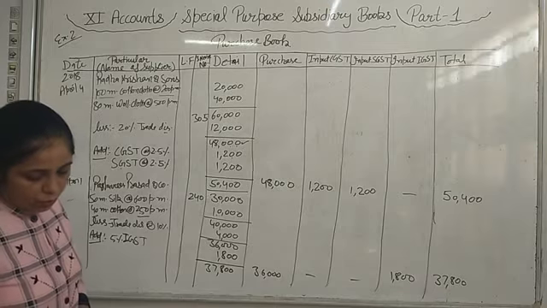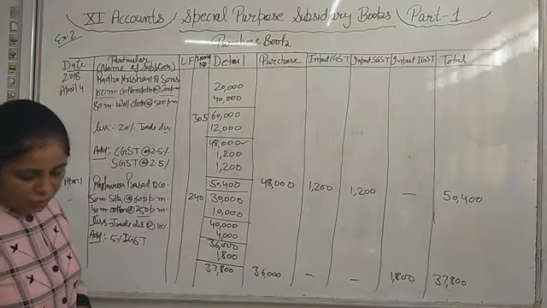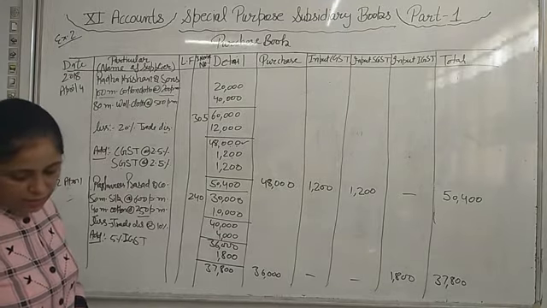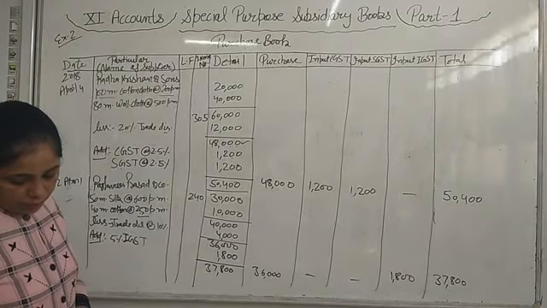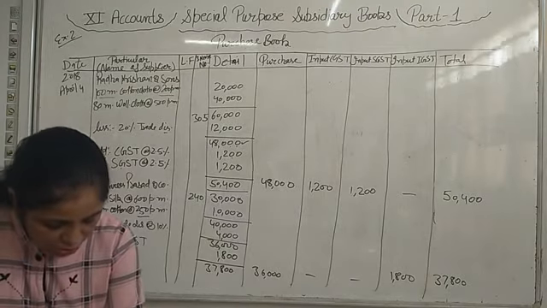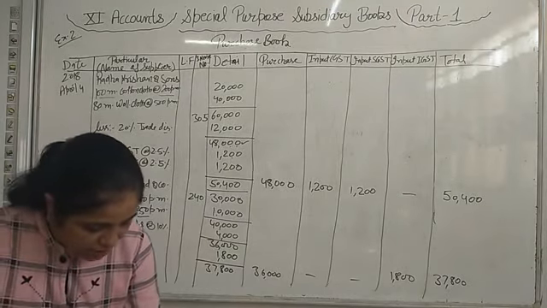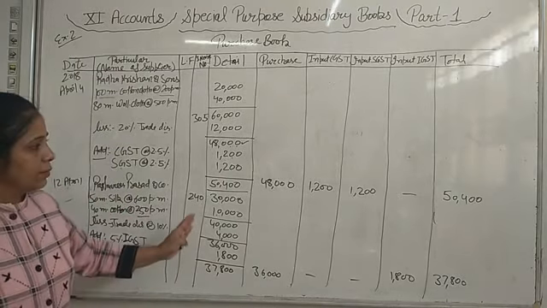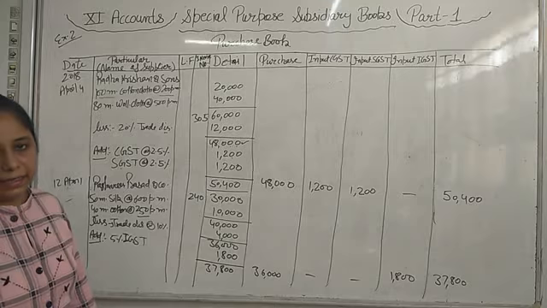Now on 25th April purchase from Hari Om and Sons of Gujarat. Again IGST will be applied. 100 meter woolen cloths, trade discount and freight charges are also given. Leave the freight charges; for the freight charges we will pass a journal entry at the end.